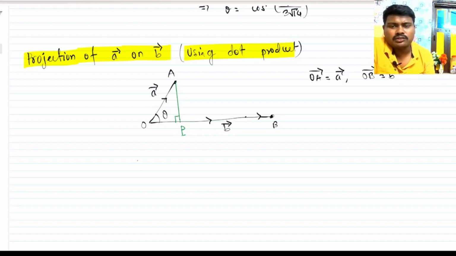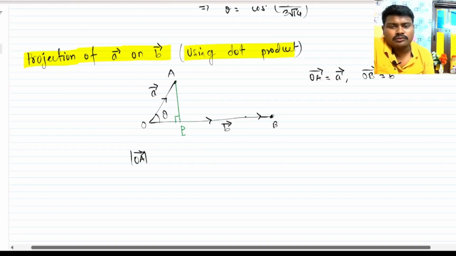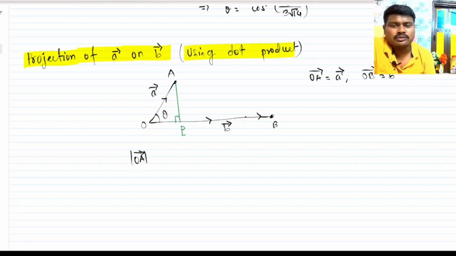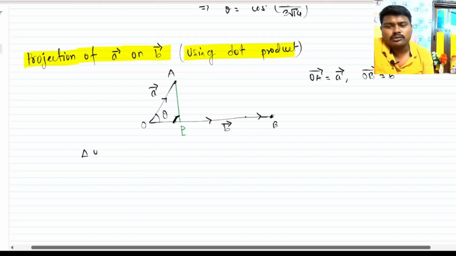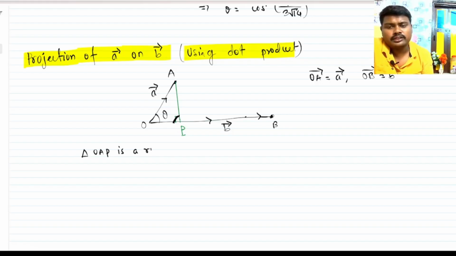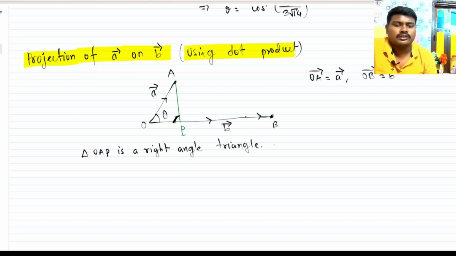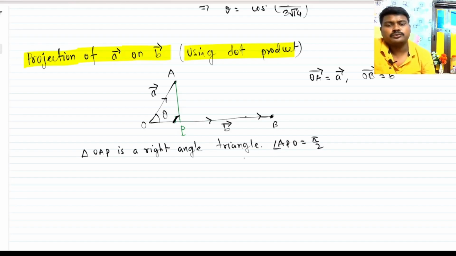Therefore, the length of OA, that is mod of OA, is the hypotenuse, because this angle is 90 degrees. The projection OP is the base of the triangle. Here triangle OAP is a right angle triangle where angle APO equals pi by 2.